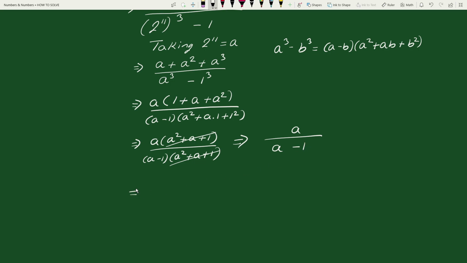This equals, earlier we have taken 2^11 as a, so we can write this as 2^11 by (2^11 - 1). This equals 2^11 can be written as 2^10 times 2 by, here also 2^11 can be written as 2^10 times 2, minus 1.